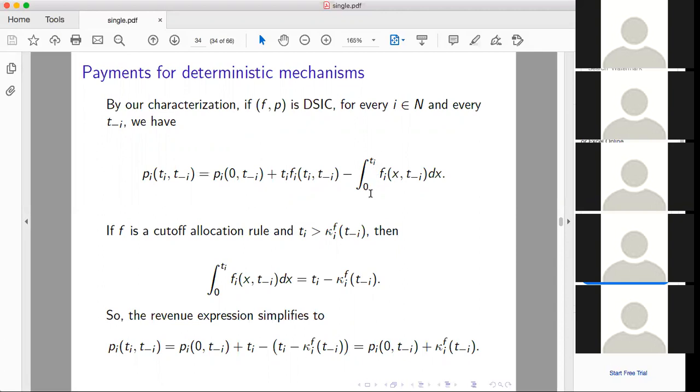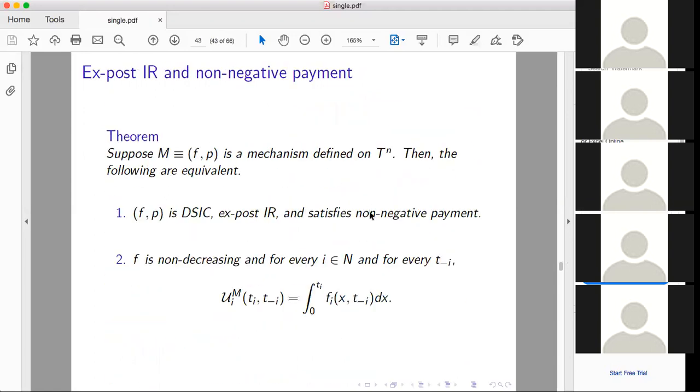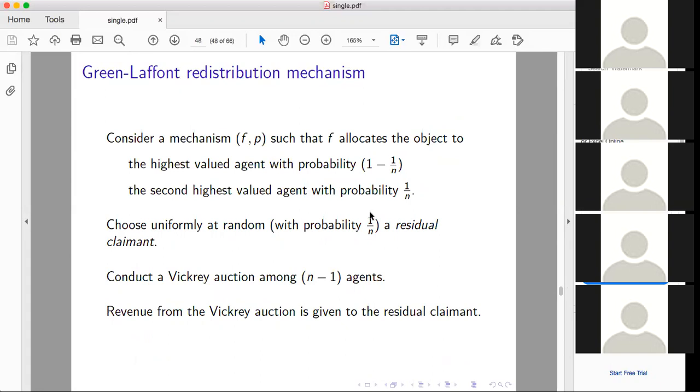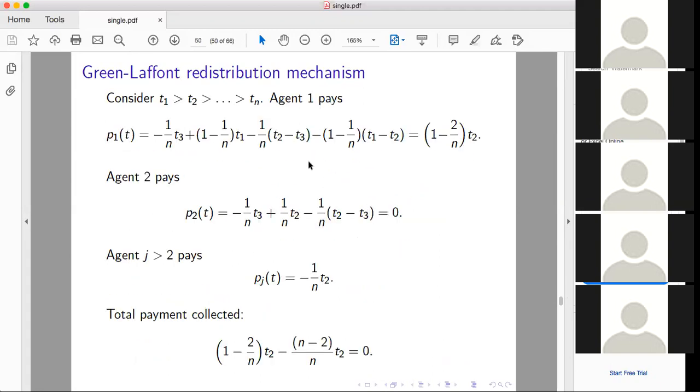When does he or she win? That expression is a little complicated here, because in the interval t2 to t3, he wins with probability 1 over n. That's why that integral is 1 over n times t2 minus t3 in that interval.